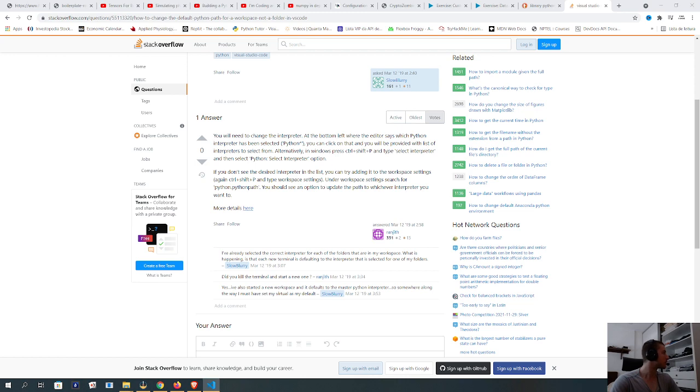I think VS Code's not recognizing where Python is installed on my computer.